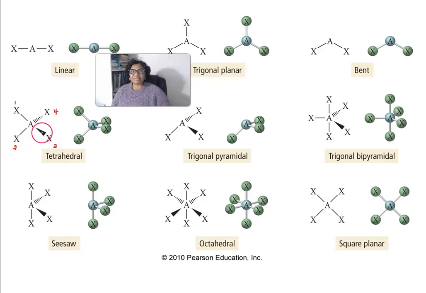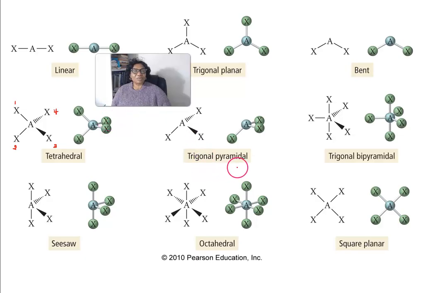This solid wedge is supposed to be the atom that is facing you. And this hash wedge is that which is behind. So let's take, for example, these three are on the plane of paper. This one should be facing you, pointing directly in front of you. And this one is pointing at the back.